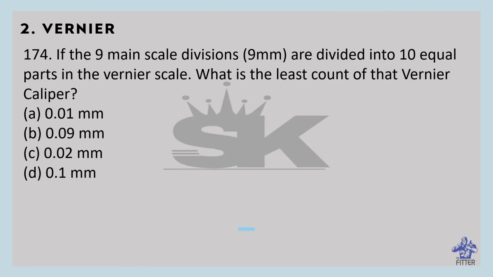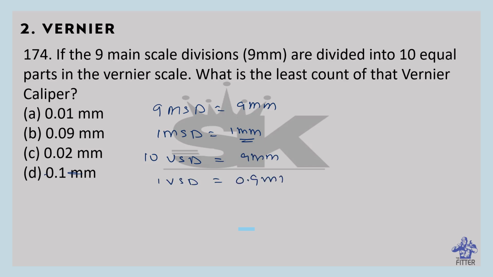If 9 main scale divisions are divided into 10 equal parts in the vernier scale, what is the least count of the vernier caliper? So here 9 main scale divisions equals 9 mm. So 1 MSD equals 1 mm, right? So 10 vernier scale divisions equals 9 mm. 1 VSD equals how much? 0.9 mm.